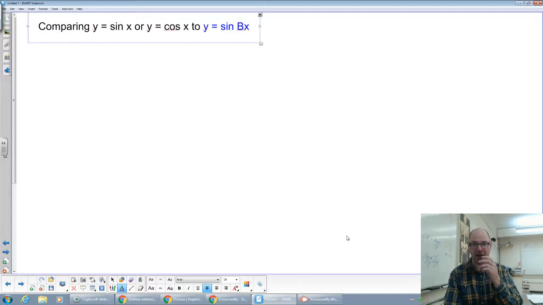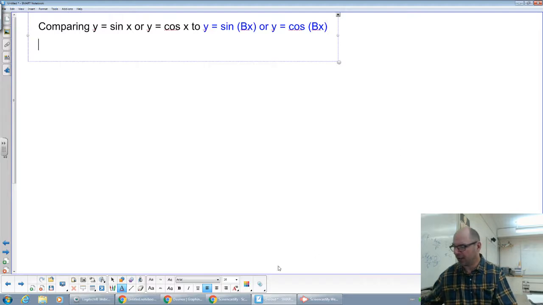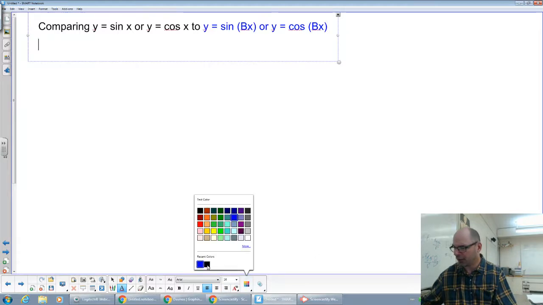So there's a number in front of the x, and we can put this in brackets just so that we know that we're multiplying those 2 together. It doesn't necessarily have to be in brackets, but sometimes it does when we do the next type of add-on. So we're just going to put it in brackets. Or y equals cosine bx. Okay, and we'll see what happens when we do that on Desmos, and then we'll summarize our notes here.